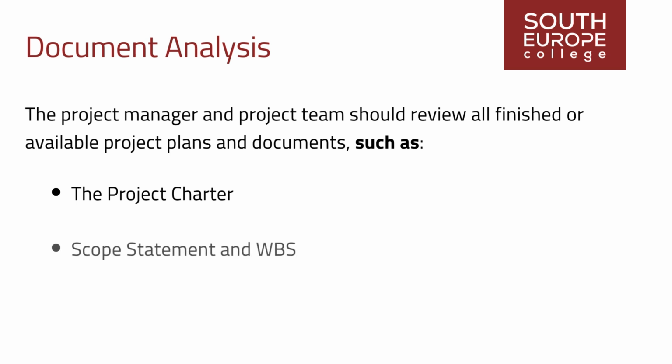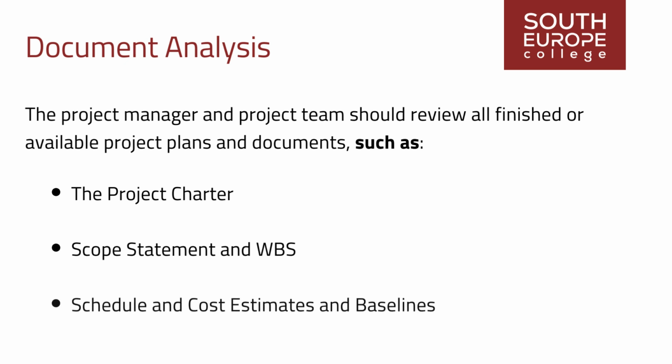Scope statement and WBS, including detailed scope and the components of the work to be done, as there might be several risks associated with requirements, specifications, and approved delivery methods. Schedule and cost estimates and baselines. The degree of accuracy of estimates for time, cost, effort, or resources may be a source of risk.